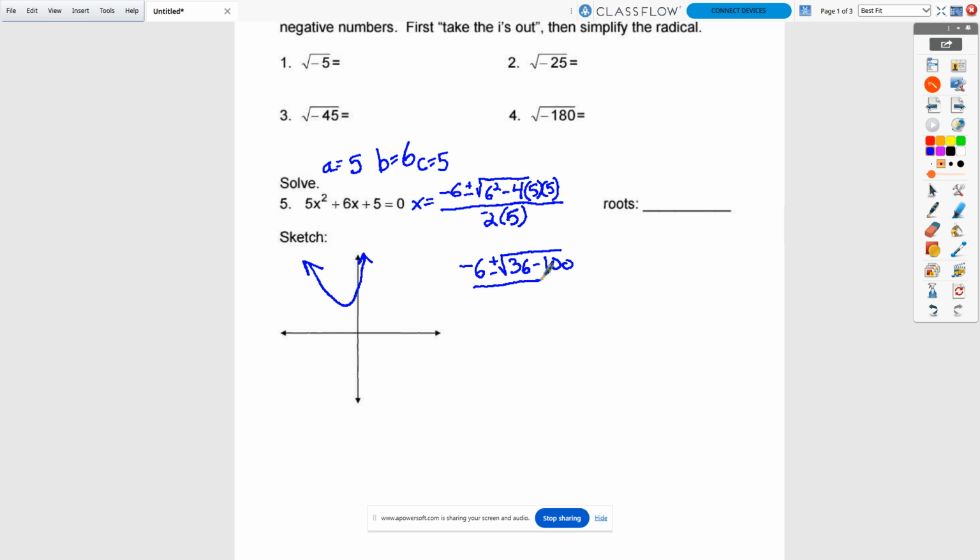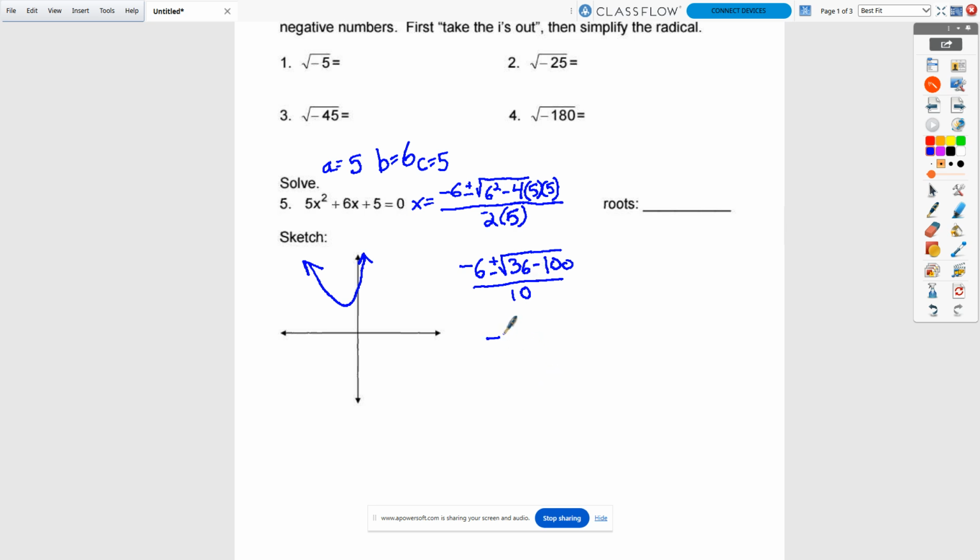And the last part on the bottom, 2 times the 5 gives me 10. Okay, now I need to do my subtraction here. 100 minus 36 would give me 64. So negative 64.